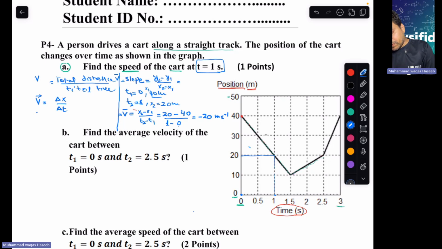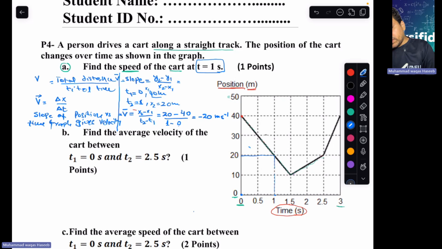So the slope of the position versus time graph gives you velocity.